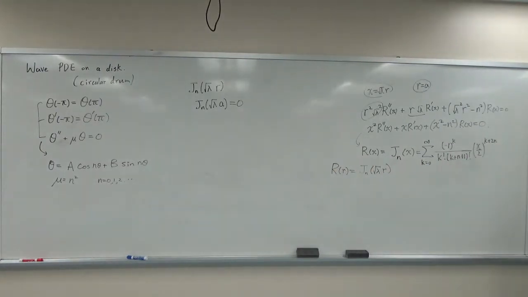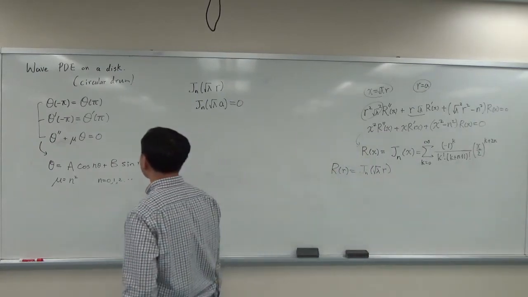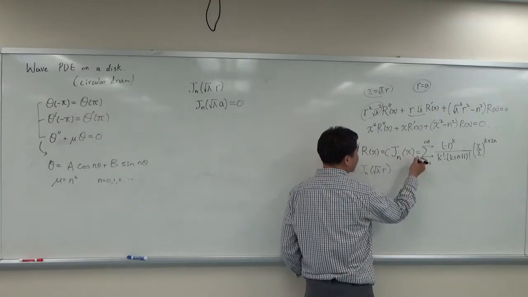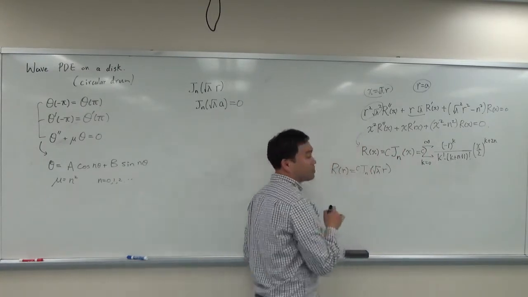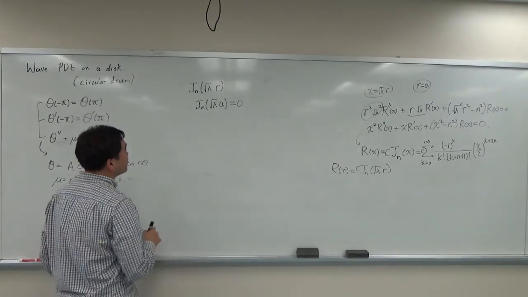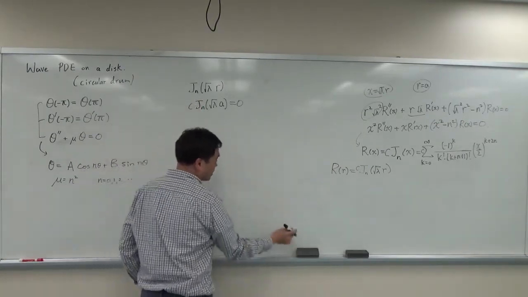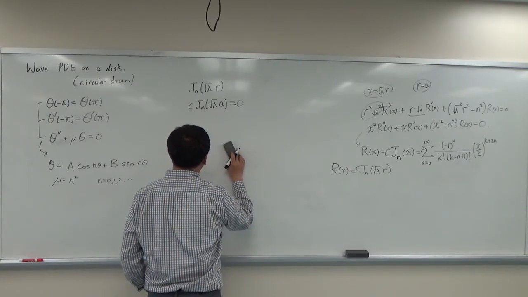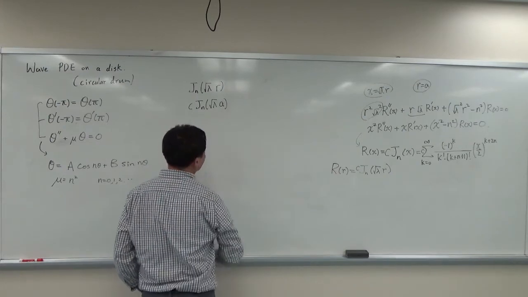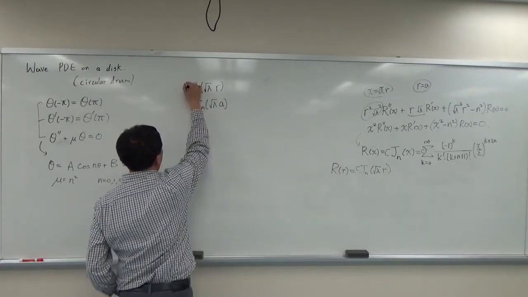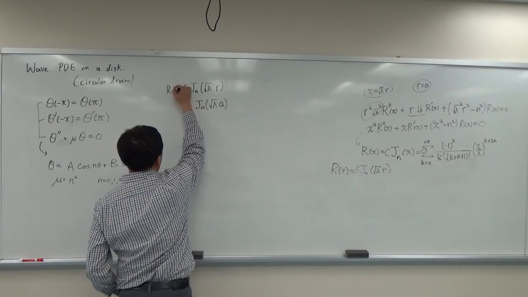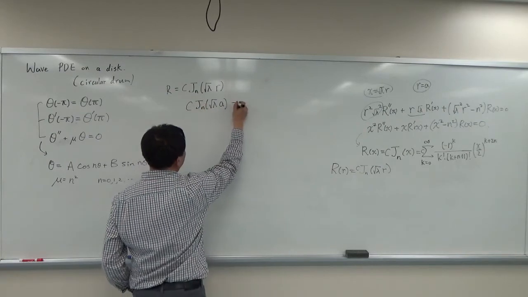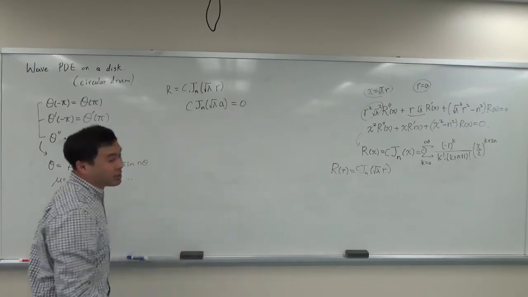So here's something that I forgot. It can be any constant multiple of this, right? And so that's your R of r. This is R as a function of small r. And we need this to equal 0. When you plug in a into R, it has to equal 0.